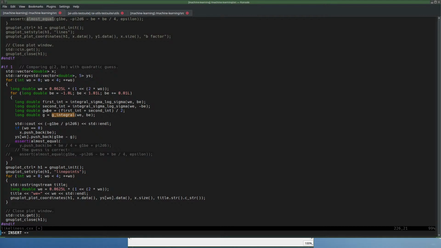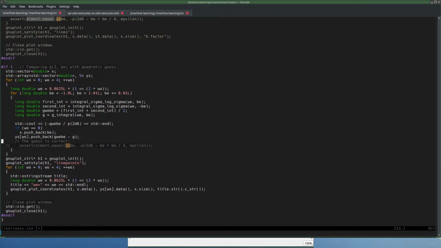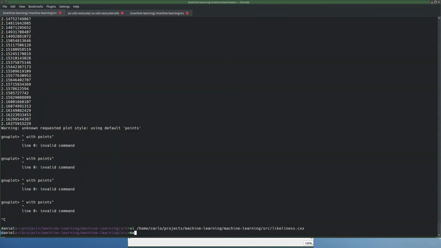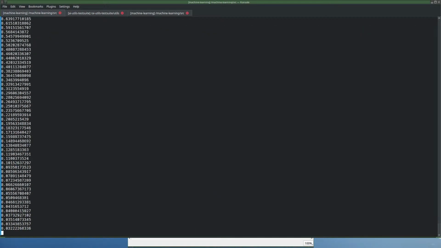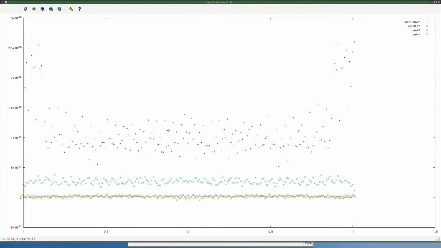This is GWEB. Oh, here's this already there. We just assert that it is equal to G within the epsilon precision. And it is, otherwise it would have asserted.